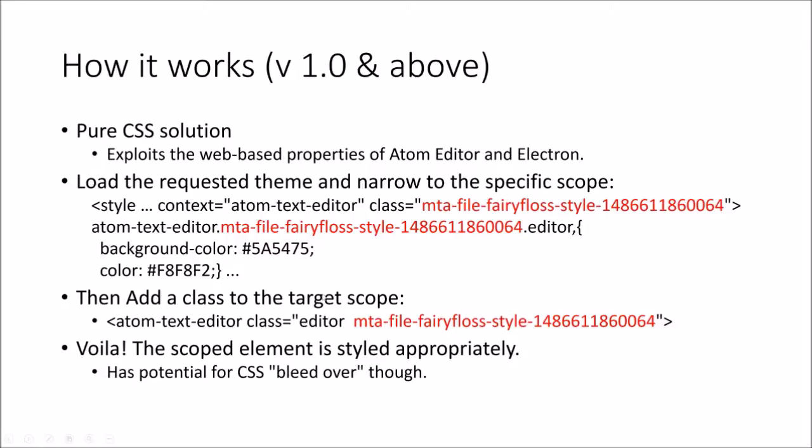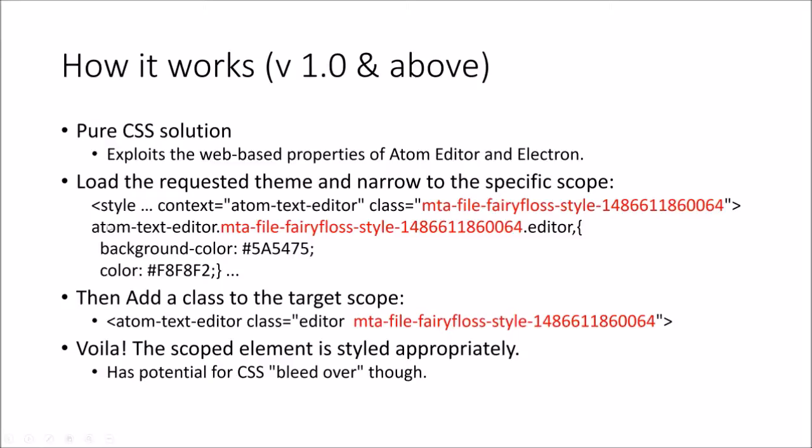So the mechanism I'm using is this: on a target scope, let's say an editor, I add a special class which starts with MTA and has a timestamp, basically a unique class. Then I load in, in this example, the Fairy Floss CSS, and I add this class onto it.